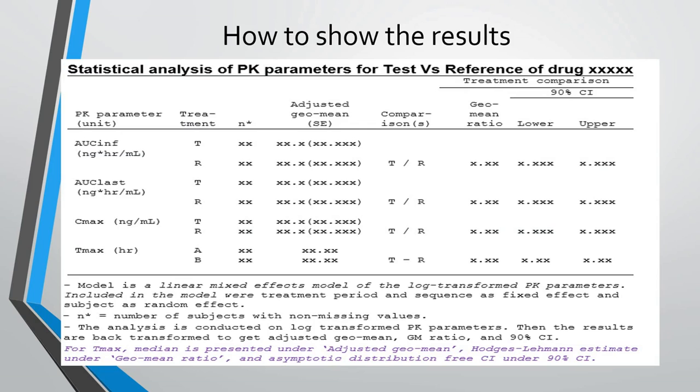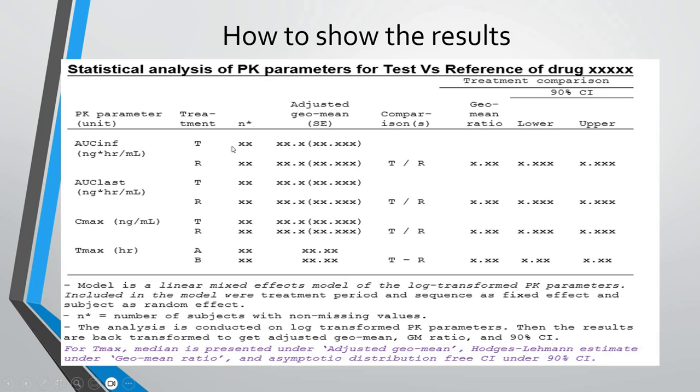This is, I can say, a mock cell. You have to work with your data, get the result estimated, and then present it in such a style. I have presented my PK parameters: AUC infinity, AUC last, Cmax and Tmax. Then the treatment T versus R for every parameter. How many subjects are there?